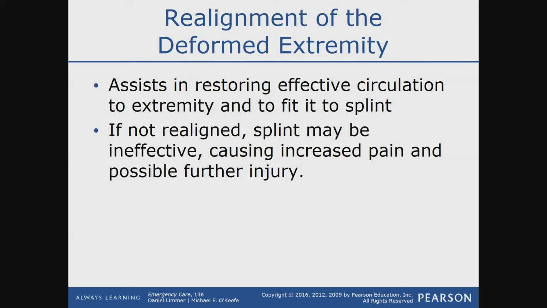The only time you're not going to realign an injury is a knee injury, because you can cause more damage since there are so many vessels traveling to that area. Besides a knee injury, you always want to realign the injured extremity, because you want to restore perfusion and circulation to it. If you leave it how it is, it's not going to perfuse adequately, okay? I hope that makes sense.